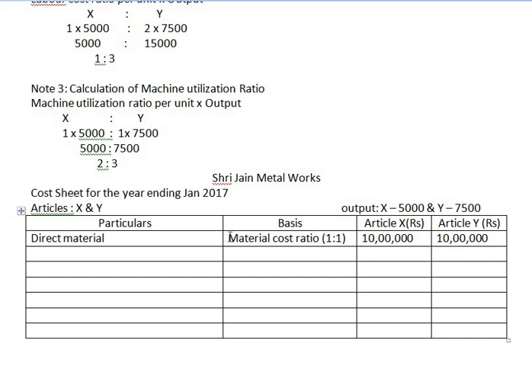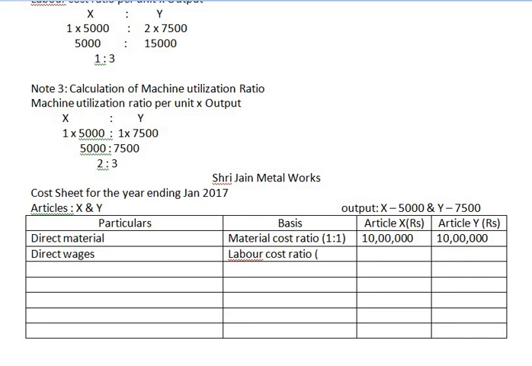Now next is direct wages. Now wages is relating to what? Again go through the ratios. Material cost ratio is not applicable, machine utilization ratio is not applicable. One more ratio left out is what? Labor cost ratio. So here you can write labor cost ratio.